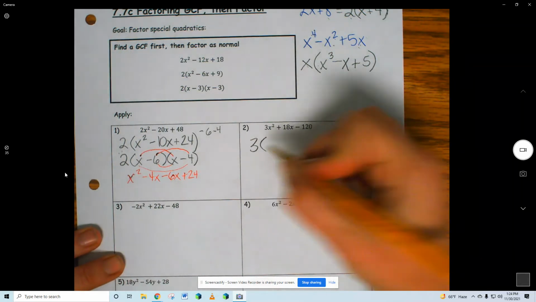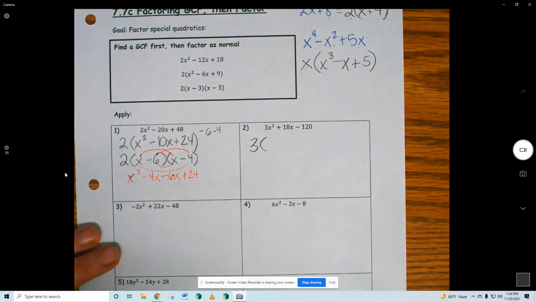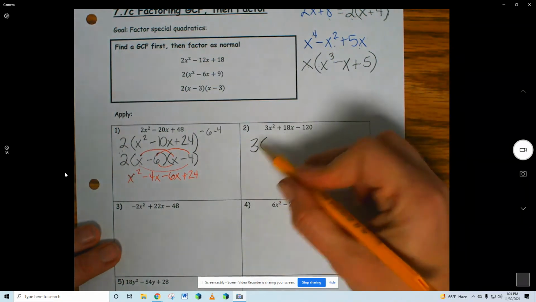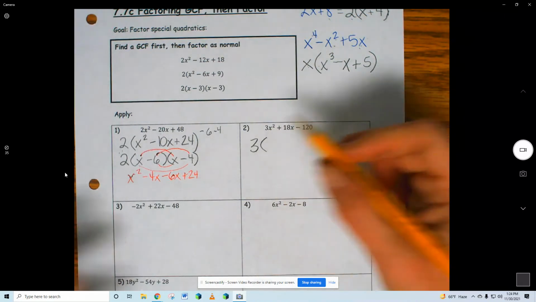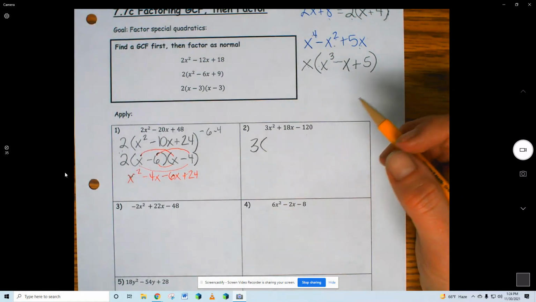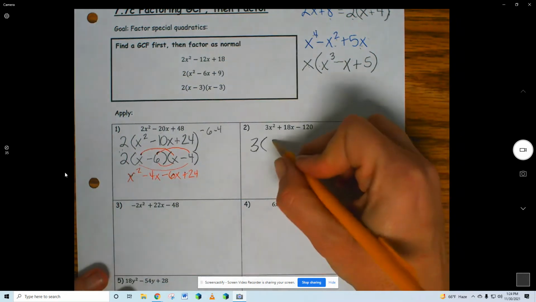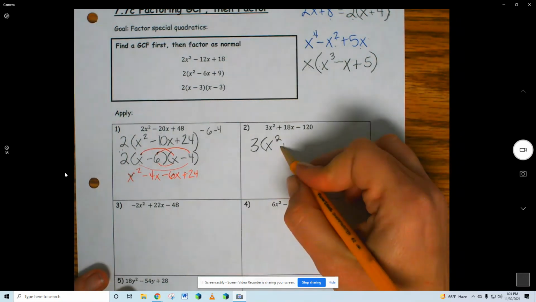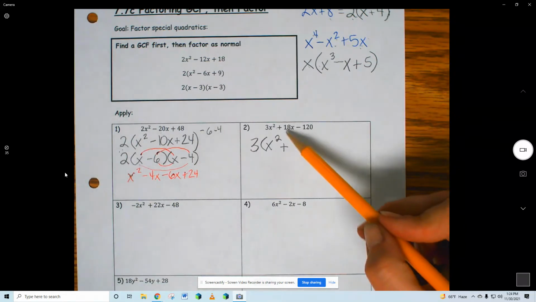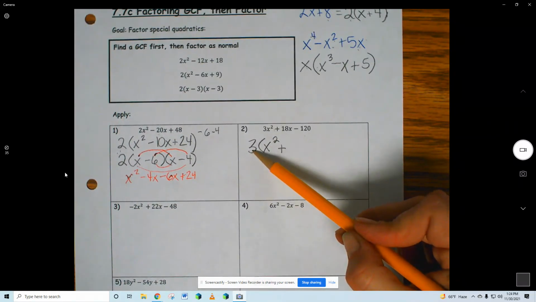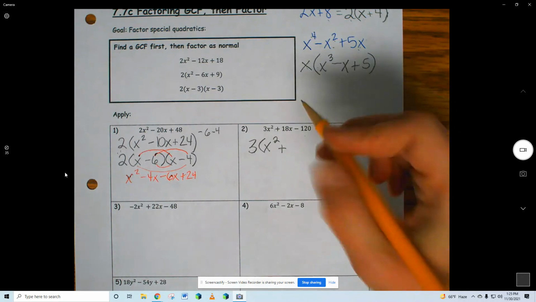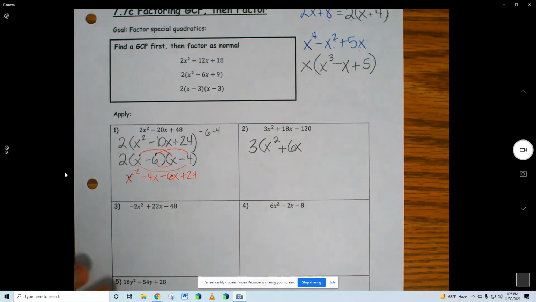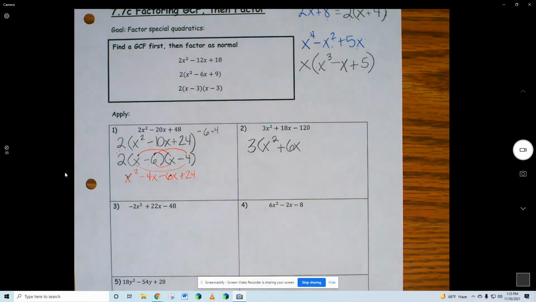So, what are my leftovers after I factor out a 3? 3 divided out of a 3x squared. X squared. Plus sign just drops down and stays. 18x divided by 3. 6x. Negative 120 divided by 3.